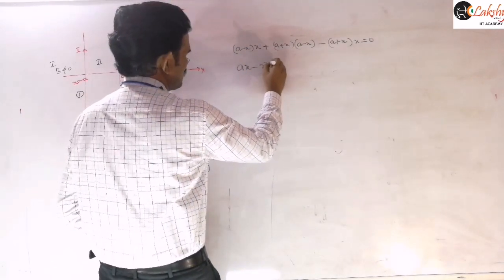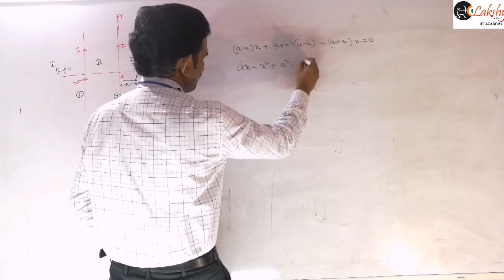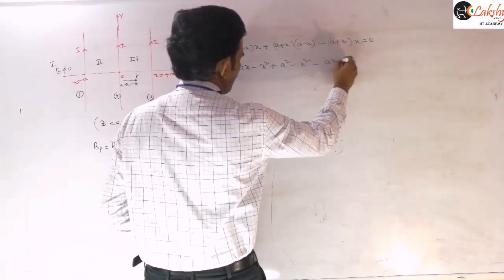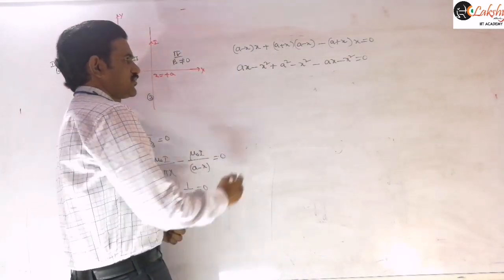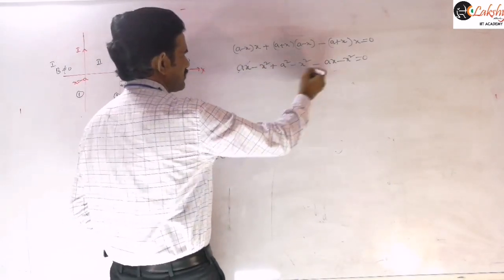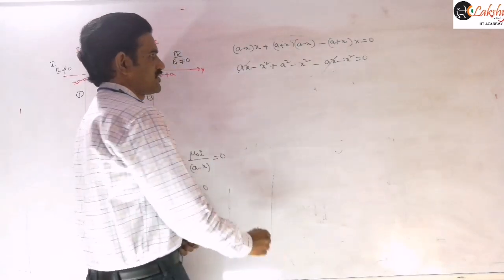Ax minus x square plus a square minus x square minus ax minus x square is equal to 0. Here we can simplify: plus ax and minus ax terms will be cancelled.